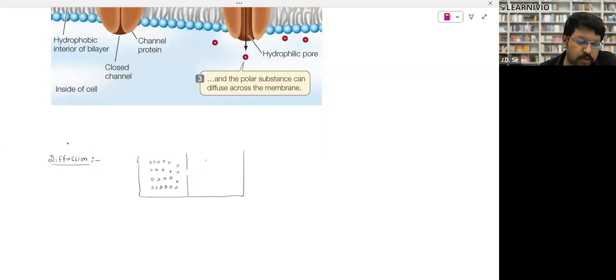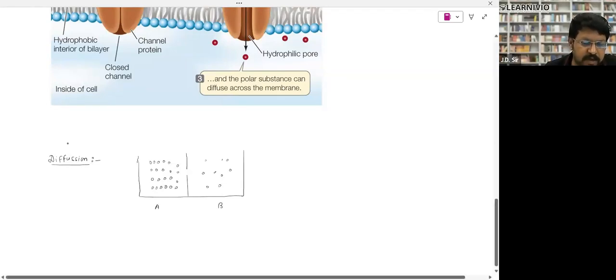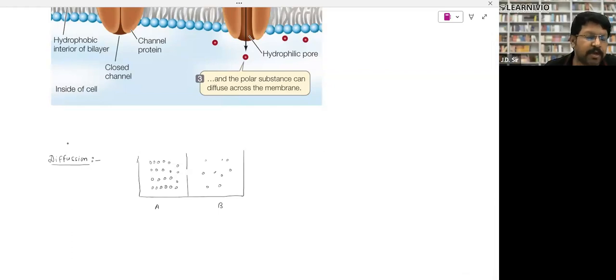Here there are salt molecules, and here the number of molecules is less. In the A container and B container, the concentration of the salt molecules in A is higher, and in B the concentration is lower, right? So what will happen? The molecules will start moving from their higher concentration towards the lower concentration. That is the diffusion, right?